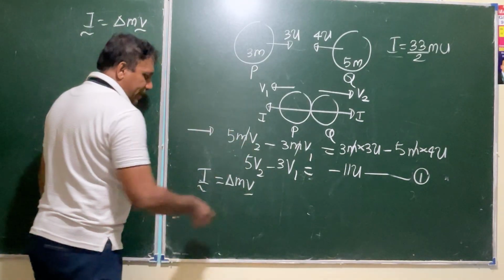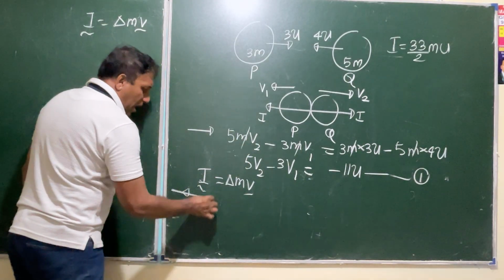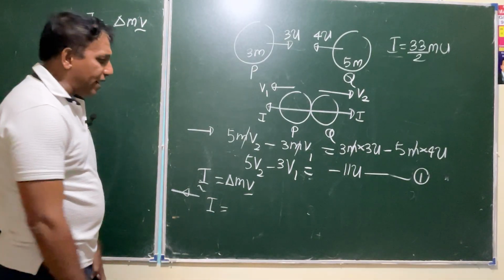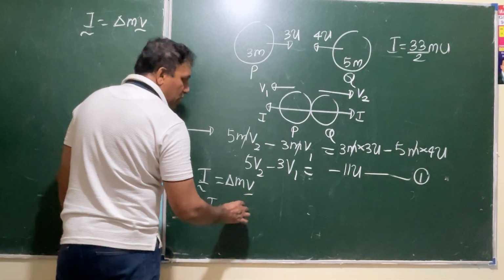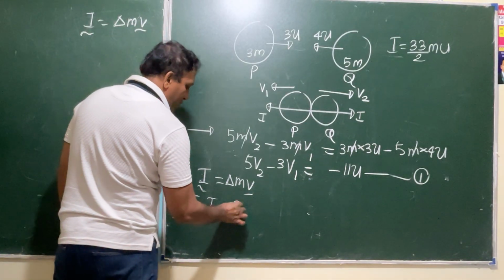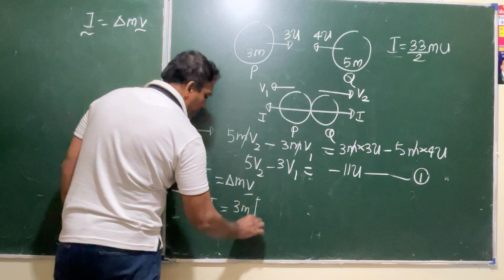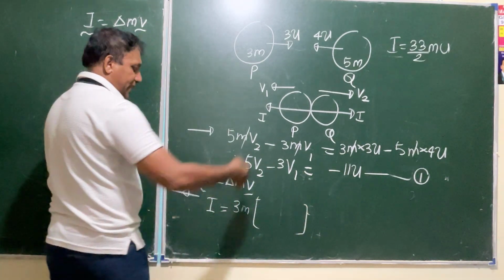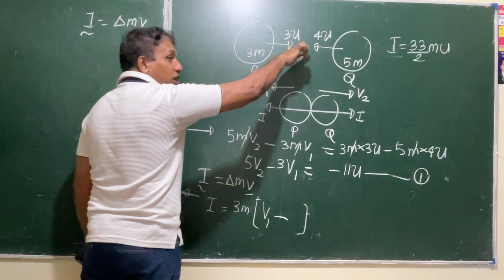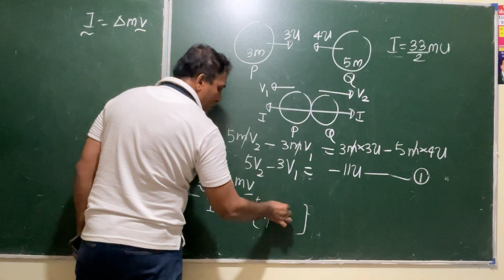So I equals change in momentum, final momentum minus initial momentum, which is mass into difference in velocity. The mass is 3m, the final velocity here is v1, minus initial velocity, negative 3u on this side.